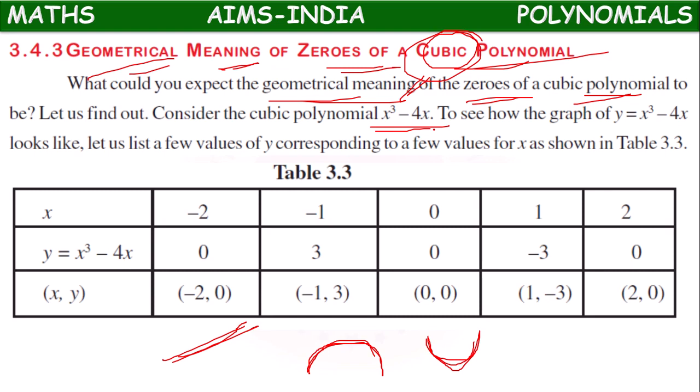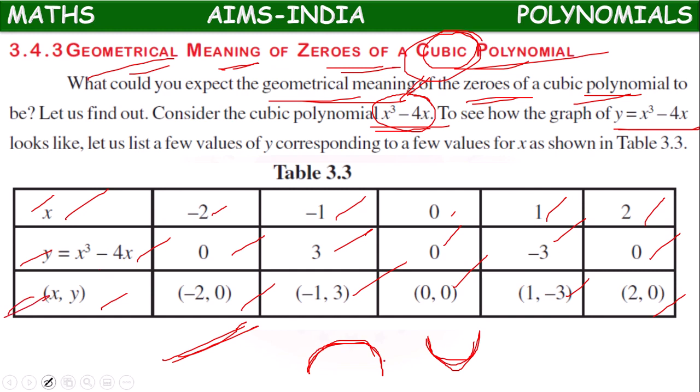x cube minus 4x. Let us assume y equals x cube minus 4x. So x value, y value, (x, y) values: (minus 2, 0), (minus 1, 3), (0, 0), (1, minus 3), (2, 0). Like that, we first have to write the table of x values, y values and x, y coordinates.